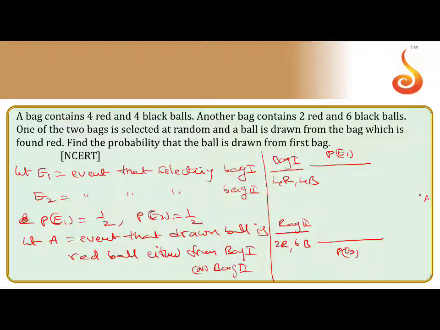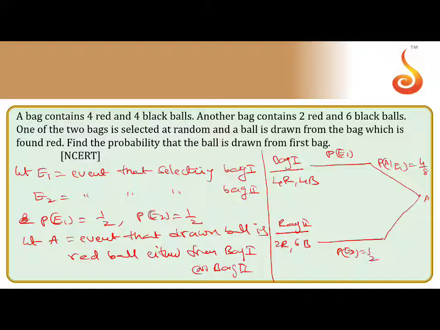A is the event of a red ball, coming from bag 1 or bag 2. First, P of A given E1: selecting a red ball from bag 1. There are 4 red balls out of 8 total, so 4 by 8.